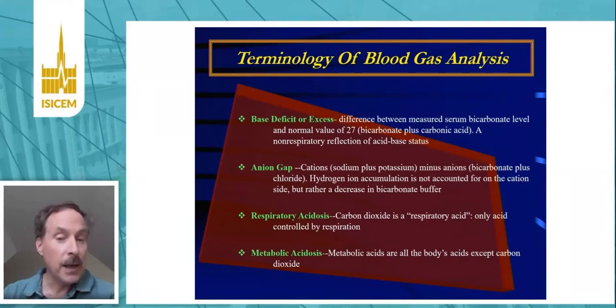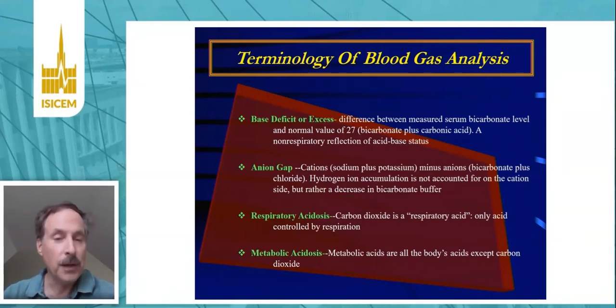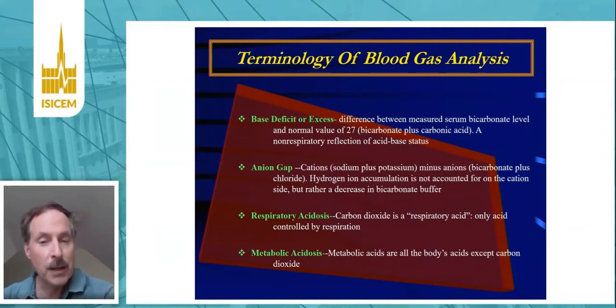The anion gap is a determination of cations minus the anion concentrations. The hydrogen ion accumulation is not accounted for on the cation side, but rather a decrease in the bicarbonate buffer. And hence, we will get further into the calculation of the anion gap and how that is of some importance.